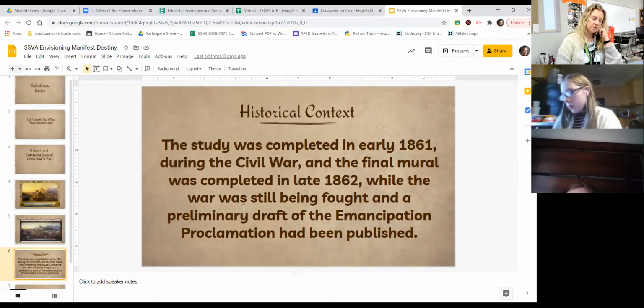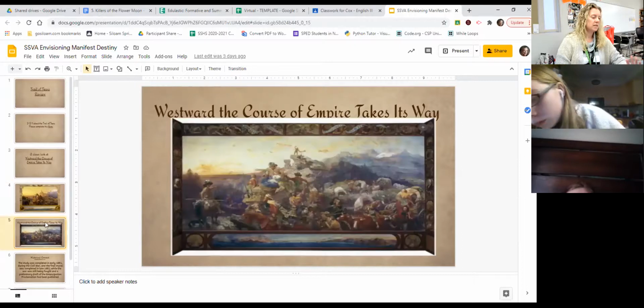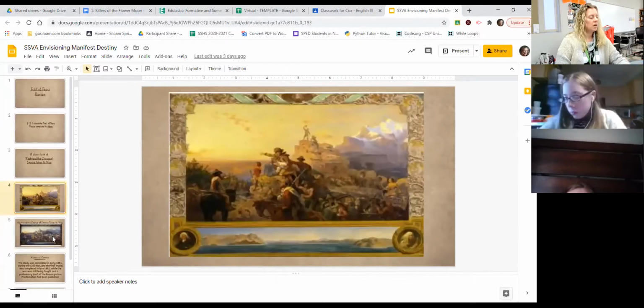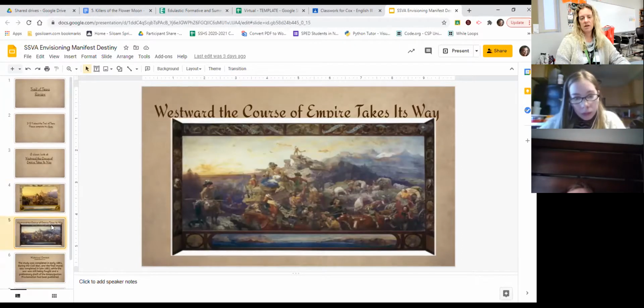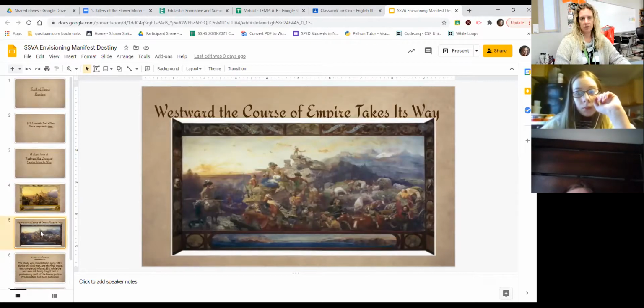The preliminary draft of the Emancipation Proclamation had been published. The Emancipation Proclamation was a document signed by Abraham Lincoln freeing the slaves. So this one was completed before the freeing of the slaves, and this one was completed after.